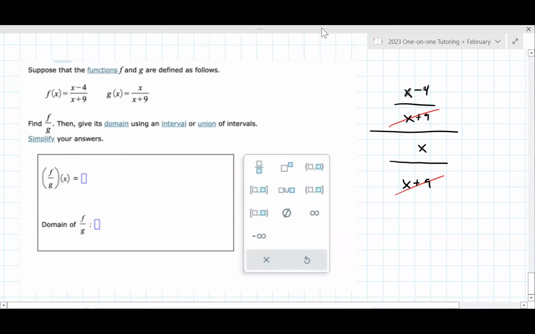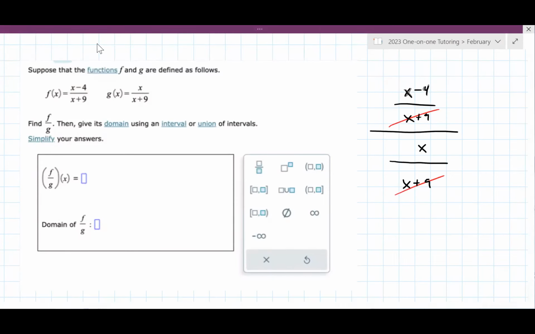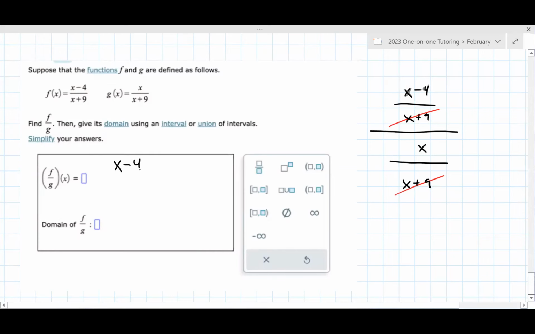So the answer to part A is (x - 4) over x. The problem is that you don't use this one for the domain. You use this one plus the original ones to find the domain. So according to the bottom one, x can't be 0, but according to the originals, because you can't divide by 0, x can't be -9.